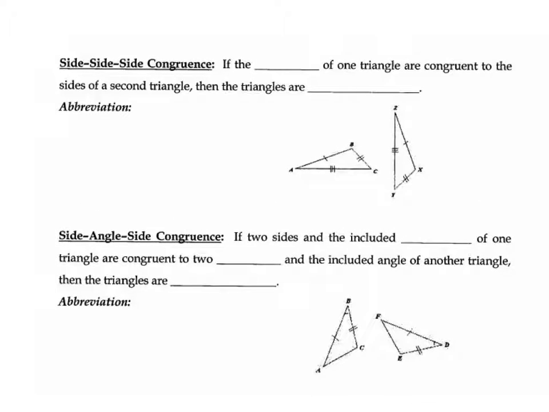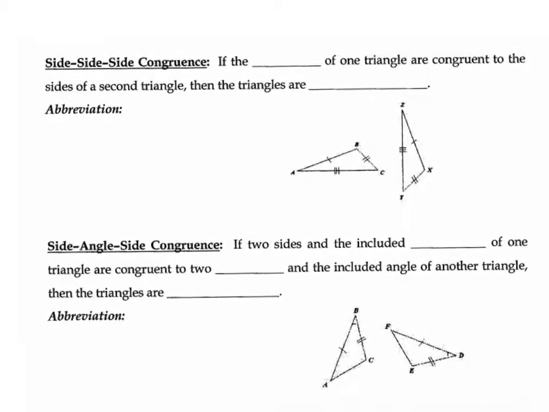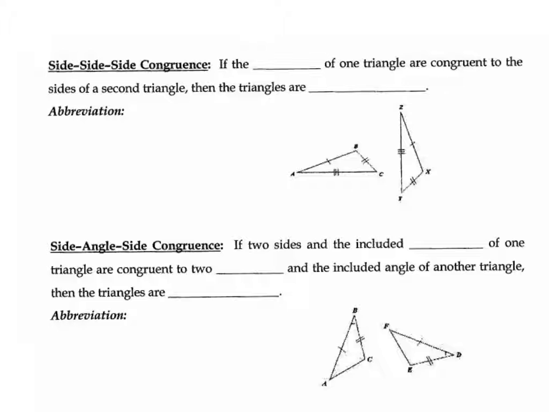So there are a couple more congruences. The first one being side, side, side congruence. So if the sides of one triangle are congruent to the sides of a second triangle, then the triangles are congruent. And we use the abbreviation SSS for side, side, side.